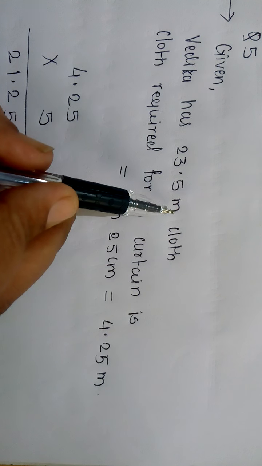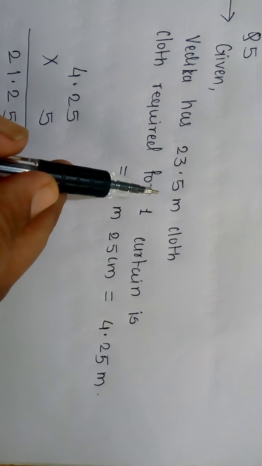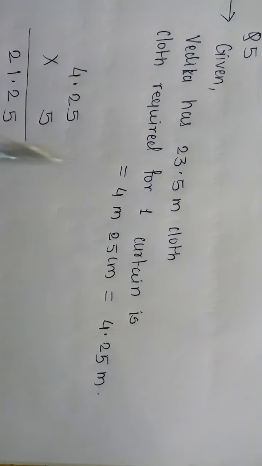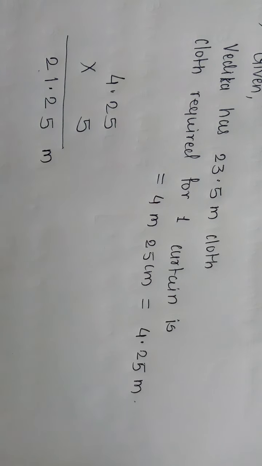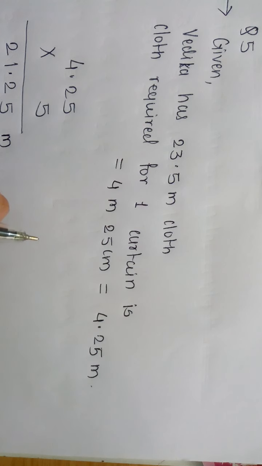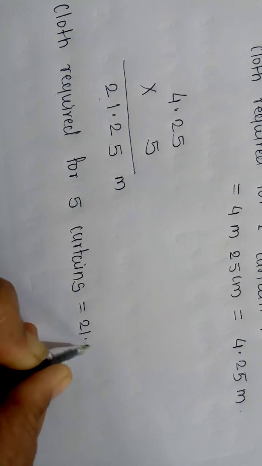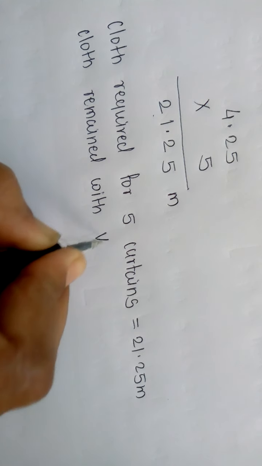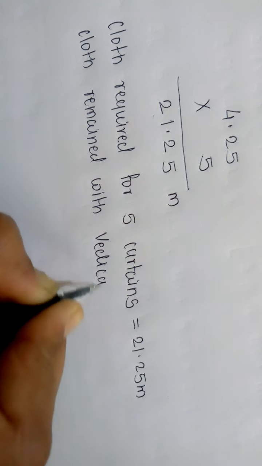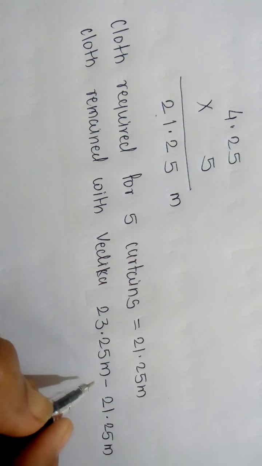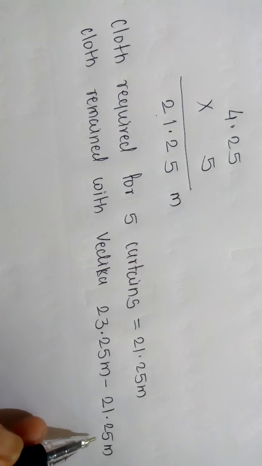So what to do? We want to find out how much cloth remained with her. So we have to subtract this 21.25 from this 23.5. Cloth remained with Vedika: 23.50 meter minus 21.25.